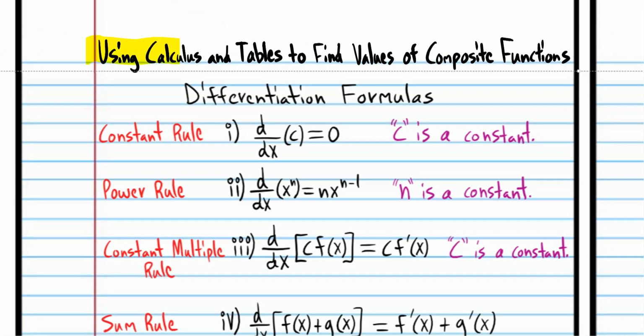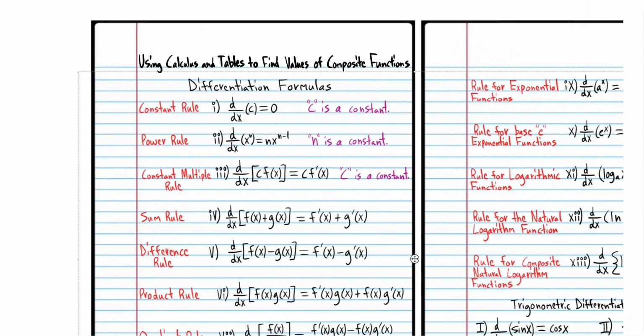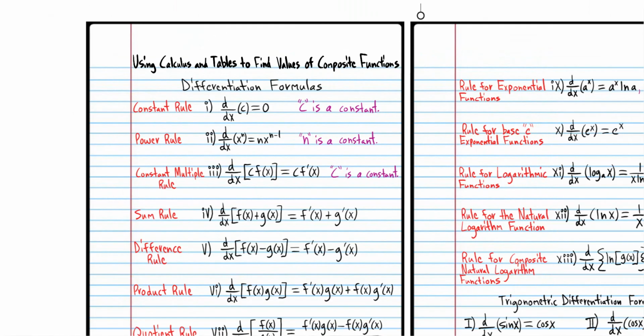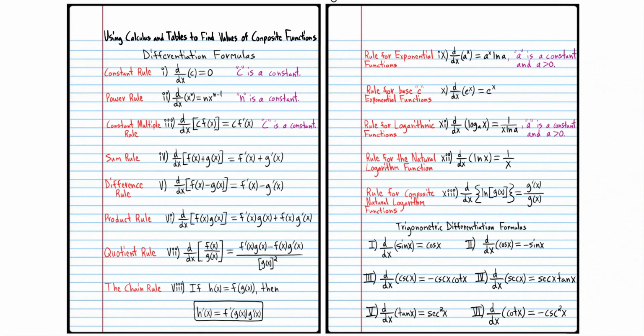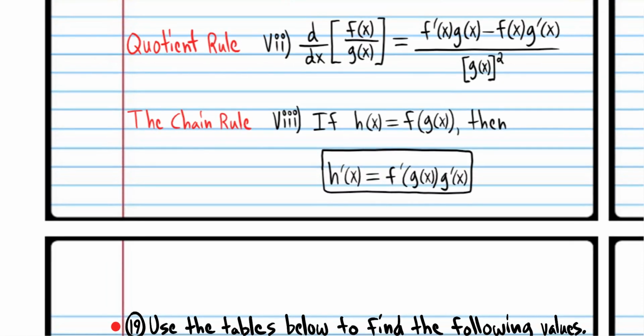We're going to use calculus and tables to find the values of composite functions. Get a picture of these differentiation formulas if you haven't already done that. We're going to need some of these formulas, especially the chain rule.